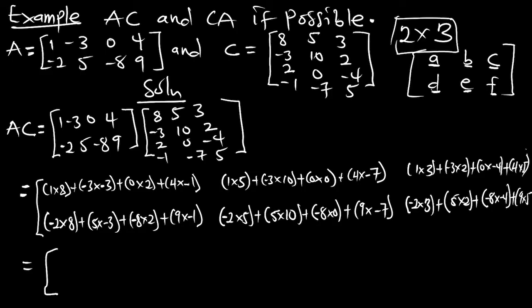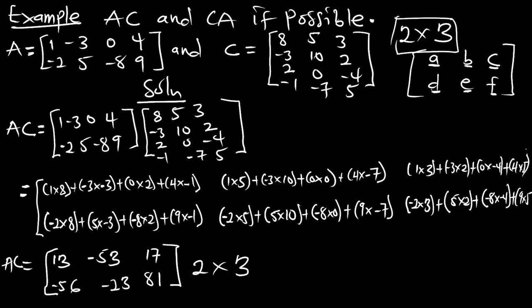Are we good? So here is going to give us 13, this place is going to give us negative 53, and this part is giving us 17. Here is negative 56. We have negative 23 and 81 as A multiplying C. See, this is order 2 by 3. Are we okay?